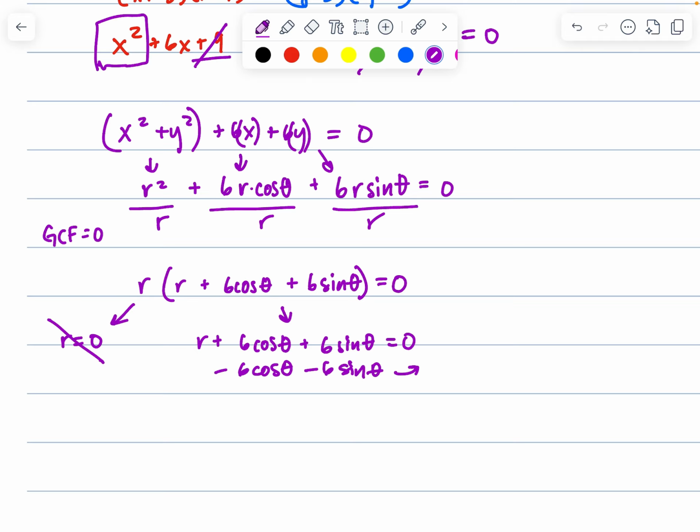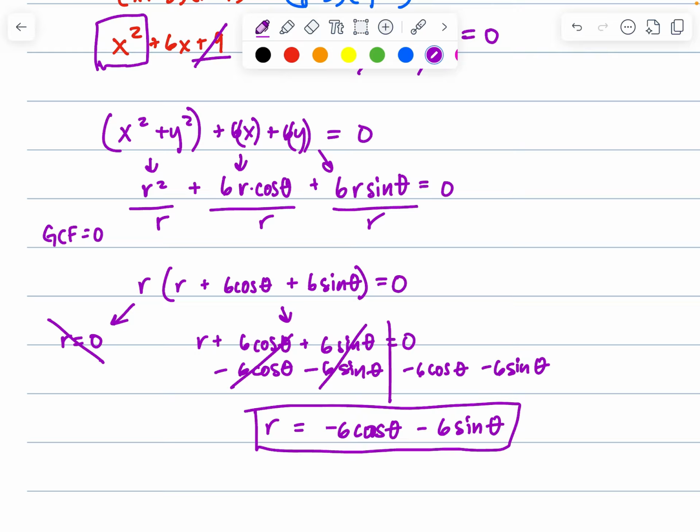To the other side, we'll end up with r, let me just show the work for it, minus 6 cosine theta on the right side as well, minus 6 sine theta, and we'll end up with these canceling out. r is then equal to negative 6 cosine theta minus 6 sine theta.